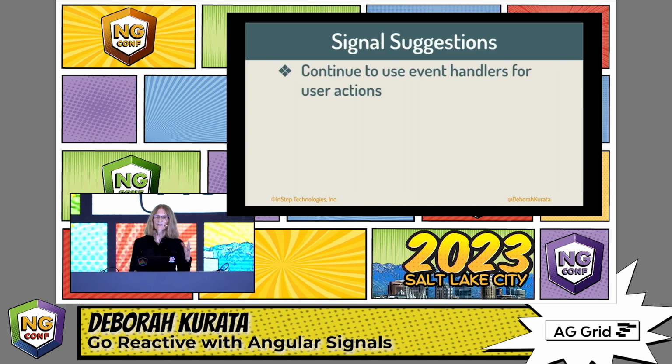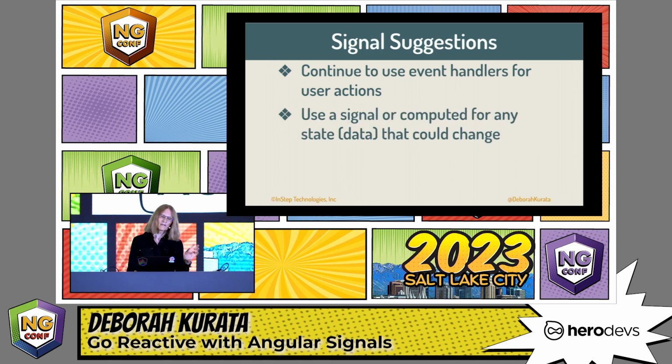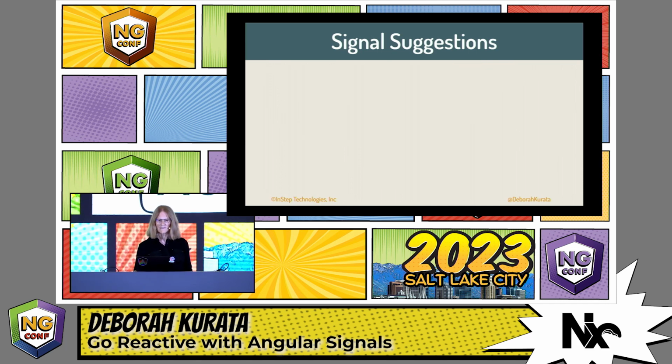So that's the suggestion, to continue to use our event handlers for user actions. Use a signal or a computed for any state or data that could change. You don't need to use them for things that are static, like page titles, unless that page title will change based on the data. Put shared signals or signals that you want to encapsulate in services.